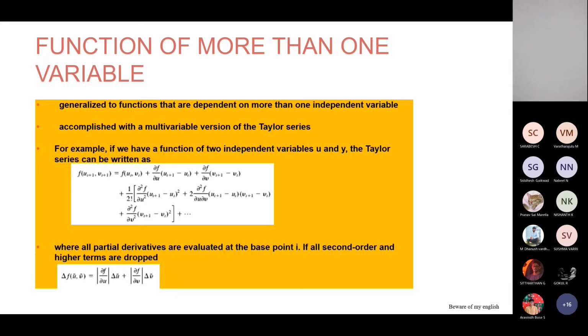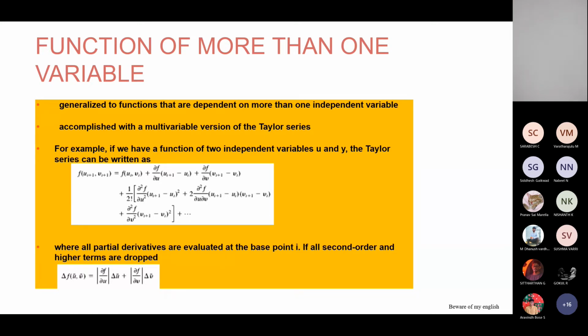Now let us see the case of more than one variable. We have to do this with the multi-variable version of the Taylor series. Let us say that we have two independent variables, u and v.